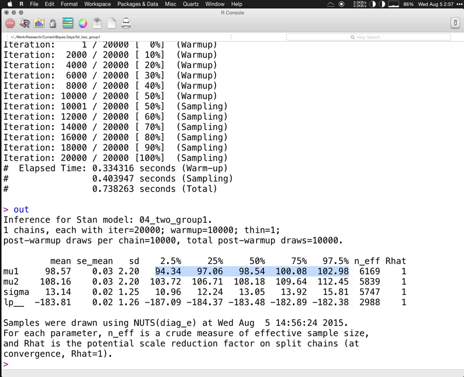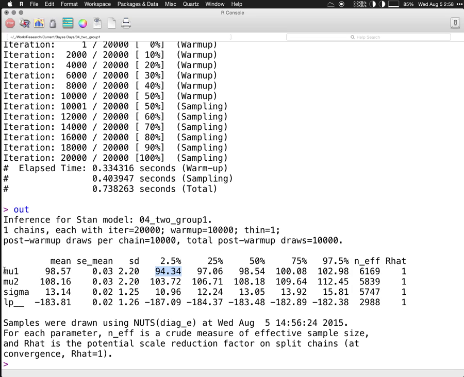You could take away that R hat is 1, effective size is up in the thousands, so we're pretty confident that we got a good estimate of the endpoints of the credible interval. From this, we could say that the distributions of belief for each of these populations exclude one another pretty substantially. There's not much mass in the overlap between the two distributions.